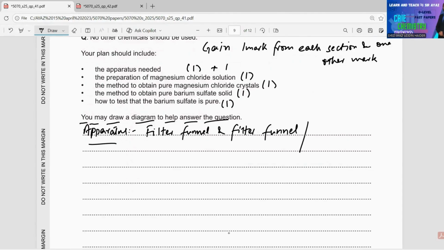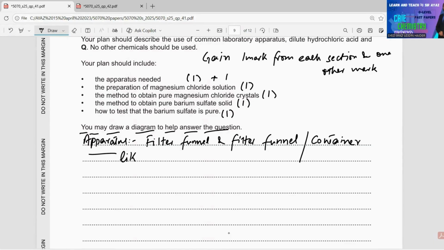Mention the name of the container. You can use a container like beaker or conical flask.